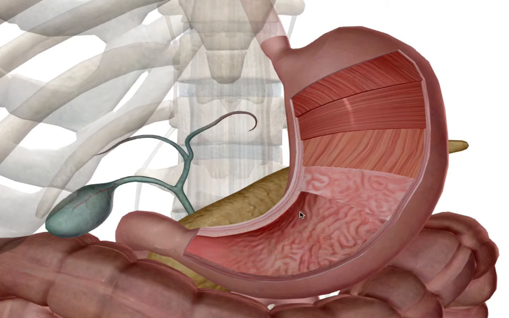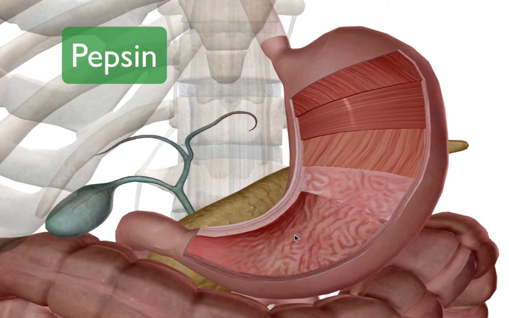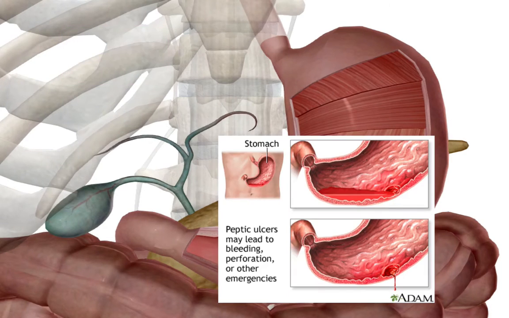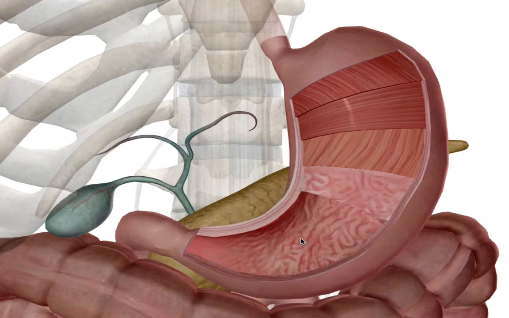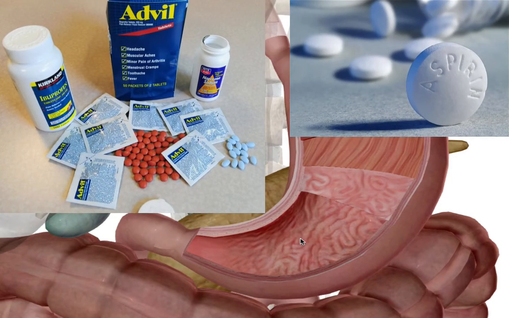And so you have another gastric juice called pepsin, whose main function is to digest protein. Sometimes the stomach can hypersecrete this particular gastric juice, maybe because you're taking too much aspirin or NSAIDs, non-steroidal anti-inflammatory drugs.